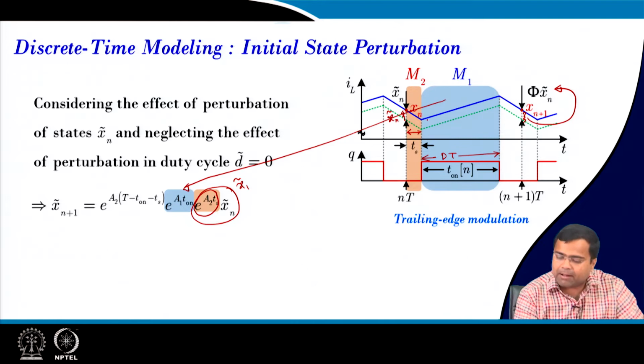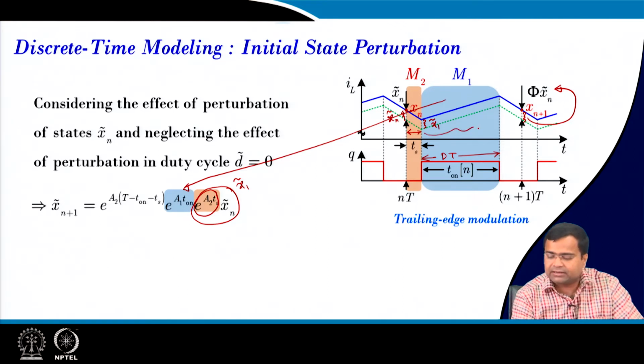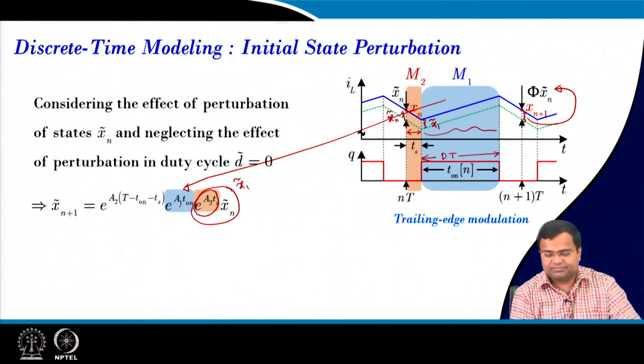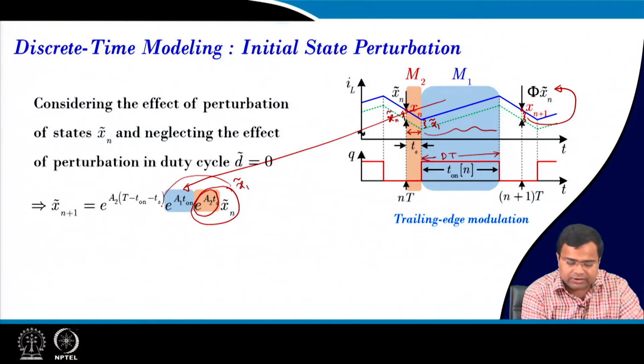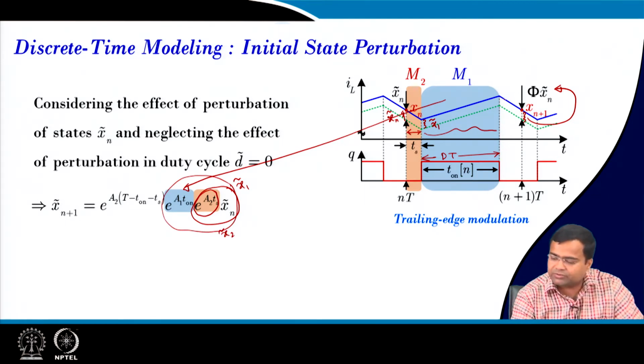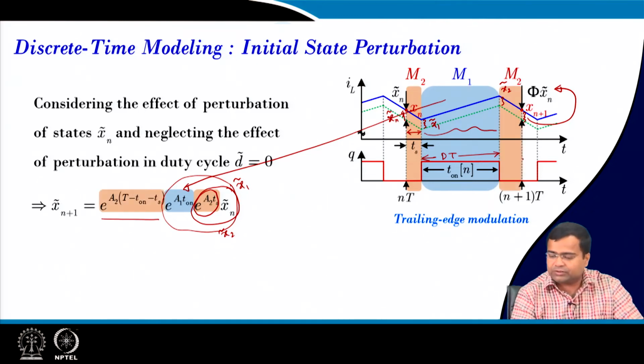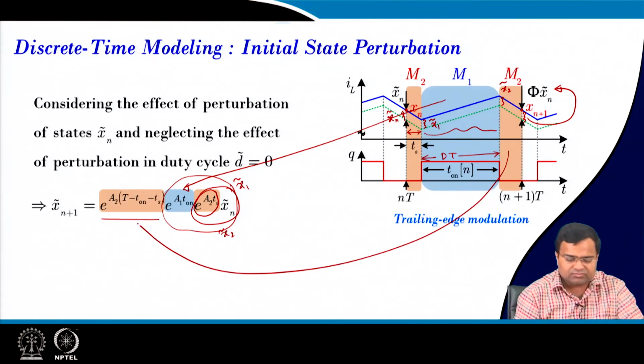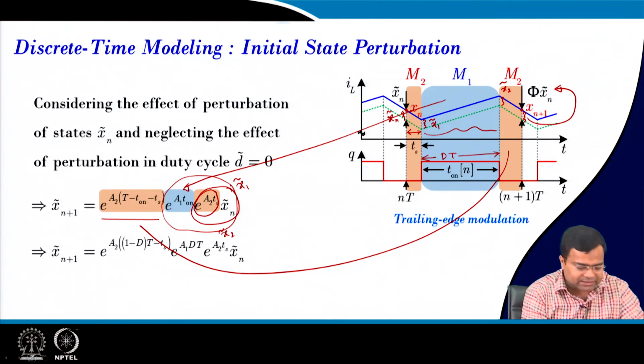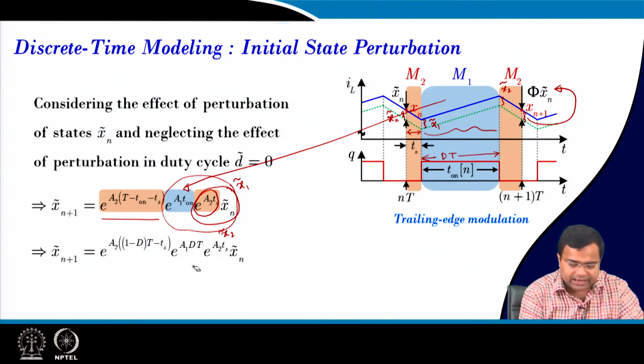After n we can consider this is my x1 tilde, and it will be propagating through this state, which is A1 T1, and this one we can consider x2 tilde. That means this is the x2 tilde, and then at the end of this it will propagate through this matrix, and we will get this end result here.